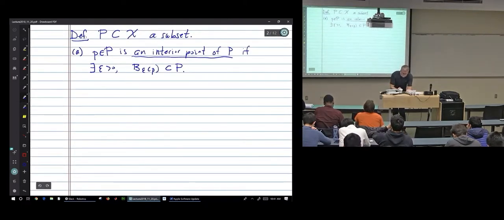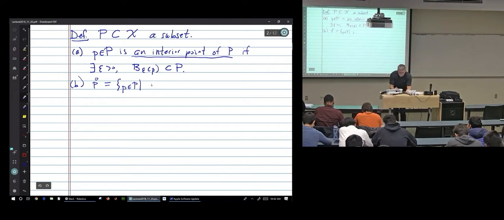B, the interior of P, so we put P with a little circle above the top. Set of all P in P, P is an interior point.